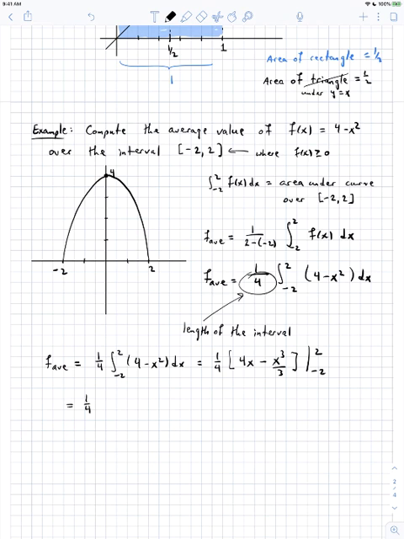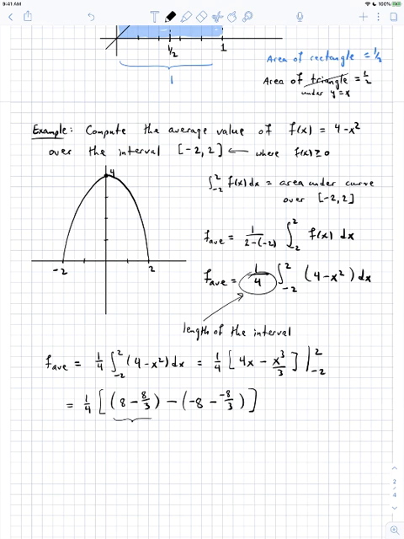So this is 1/4 times, so if you plug in 2, you're going to have 4 times 2 is 8, minus 2 cubed is 8 over 3. Then we're going to have minus, and now you plug in a minus 2, so 4 times negative 2 is negative 8, minus, negative 2 cubed is negative 8 over 3.